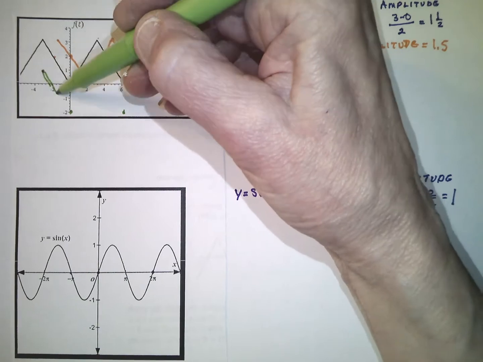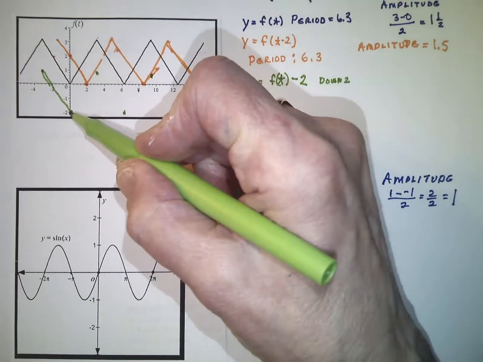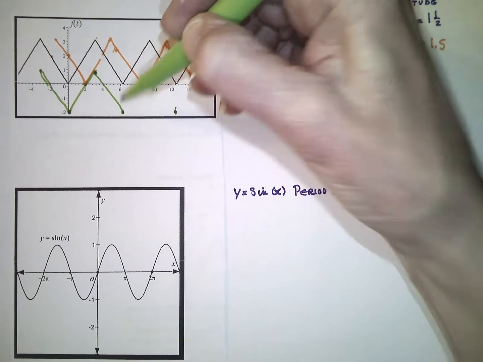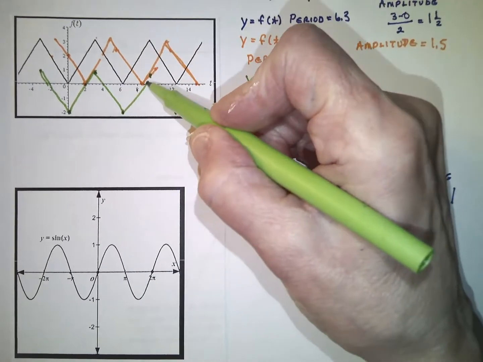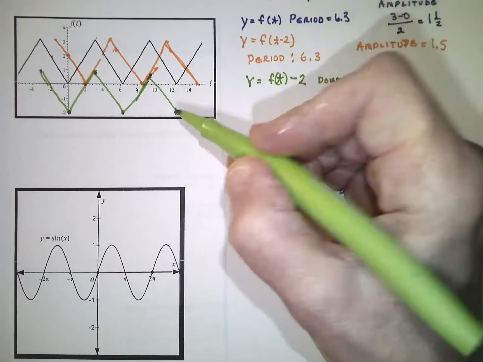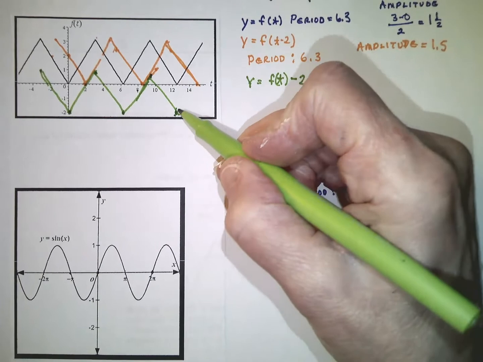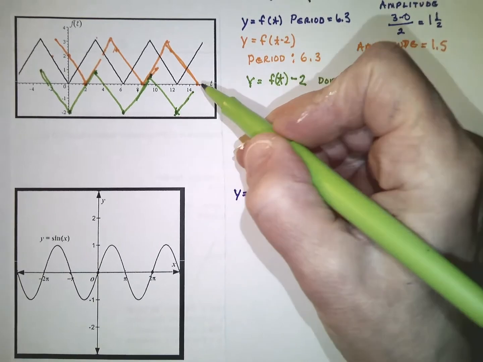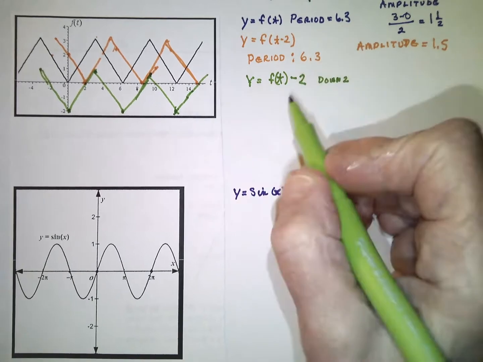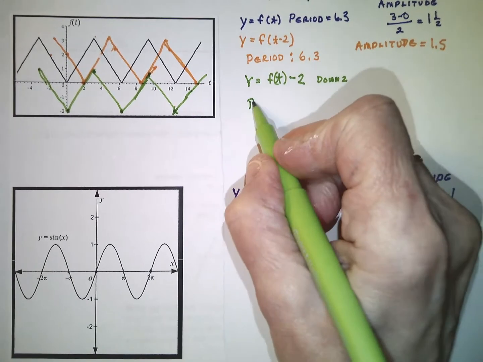So our new transformed graph is looking like this. How about its period?